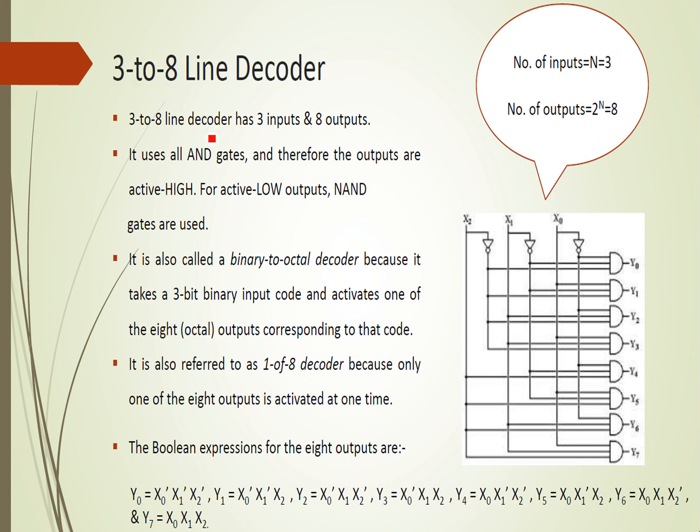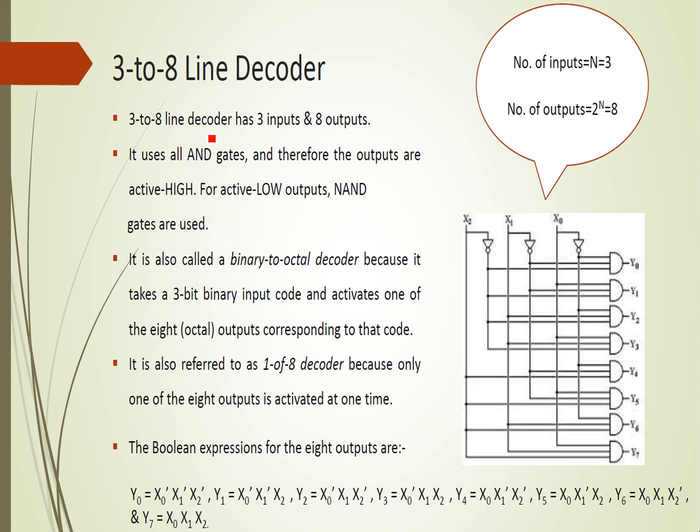So next, 3 to 8 line decoder. So 3 to 8 line decoder has 3 inputs and 8 outputs. That is 2 to the power of 3 equal to 8 outputs. And again it uses all AND gates, and therefore the outputs are active high.